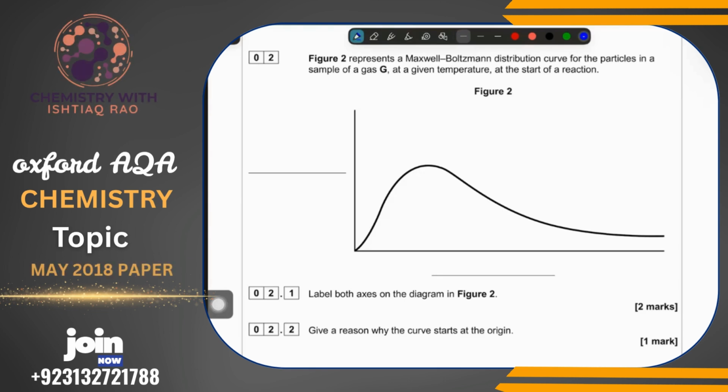When we were discussing the Maxwell-Boltzmann distribution curve, do you remember what we were writing on the x-axis and on the y-axis? I think on the y-axis is the temperature.